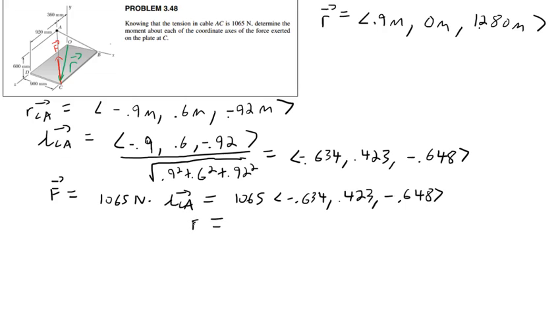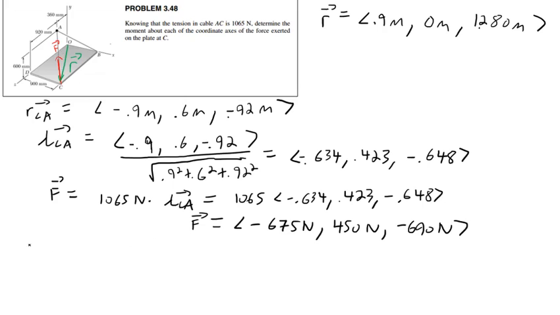And the force vector then is this times 1,065, and this is negative 675 newtons, comma 450 newtons, comma negative 690 newtons. And that is the force vector along that line.